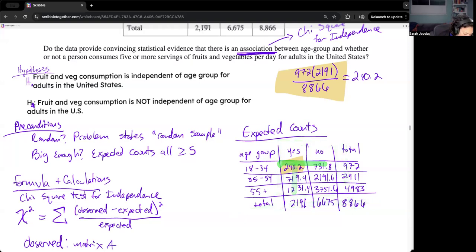Okay. So then we're going to do our chi-square test. And since it's an independence test, not a goodness of fit, it's just chi-square test. Observed in matrix A. Expected, you want to put in an empty matrix right now.